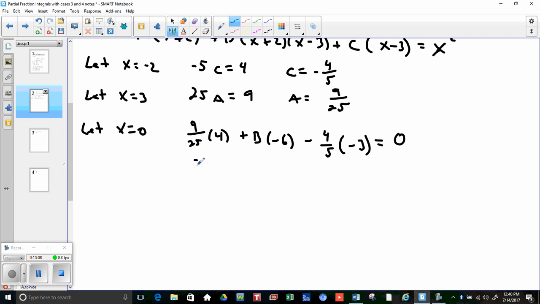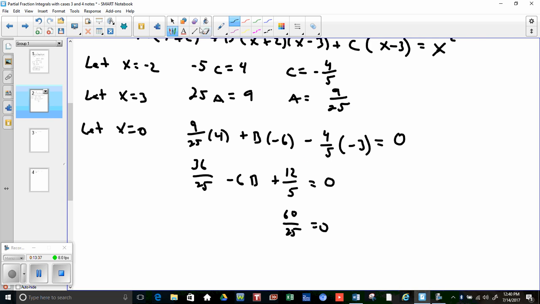So let's see, this is going to be 36/25 minus 6b plus 12/5 equals 0. So 36/25 and 12/5. We're going to have to put this into terms of 25ths. So that's going to become, let's see, multiplying by 5 on top and the bottom, 60/25.